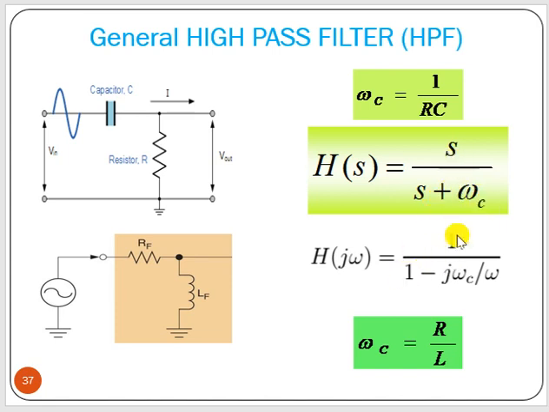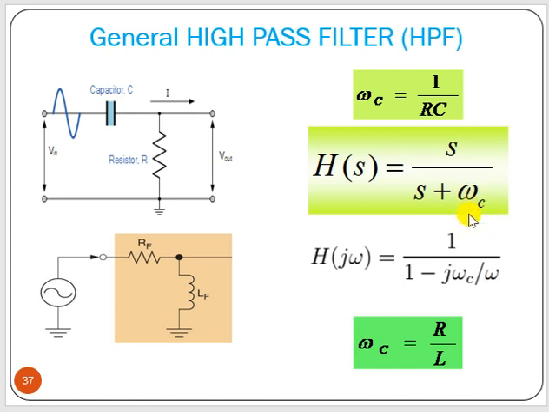Now if we put S equal to j omega and divide by j omega again, then it will be 1. Here we will have omega C divided by j omega.